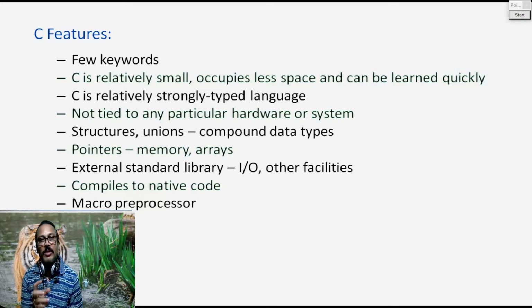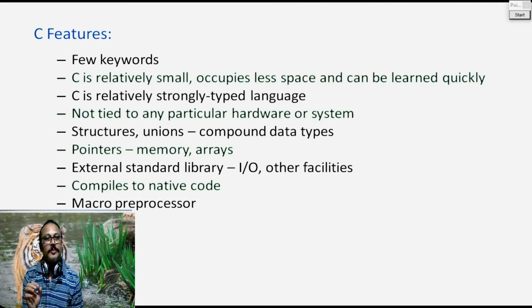If you have a large number of keywords, then you have to remember them because they are designed for a particular purpose, so you cannot use them for other purposes. So there the problem comes. In fact, C has 32 keywords, which may vary from version to version, plus or minus 10%. But because few keywords are there, it is easy to remember them and you don't use them mistakenly for some other purpose.